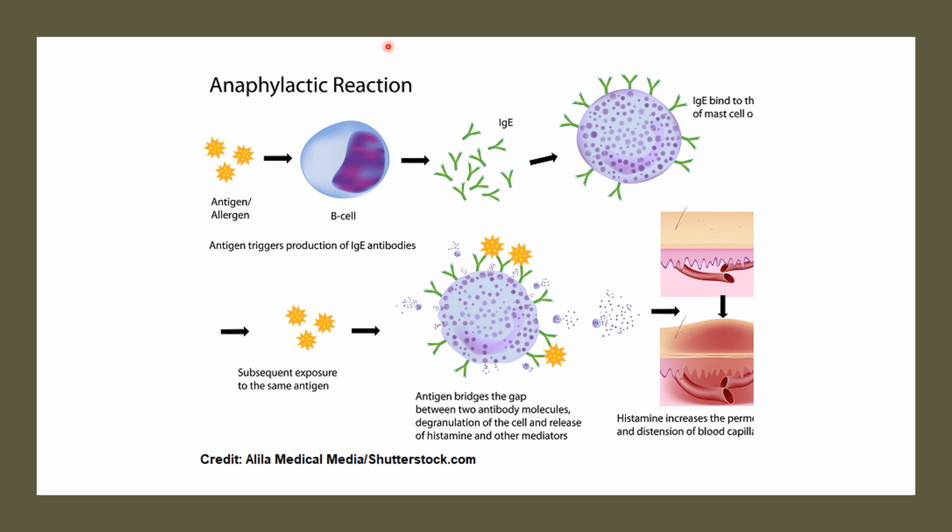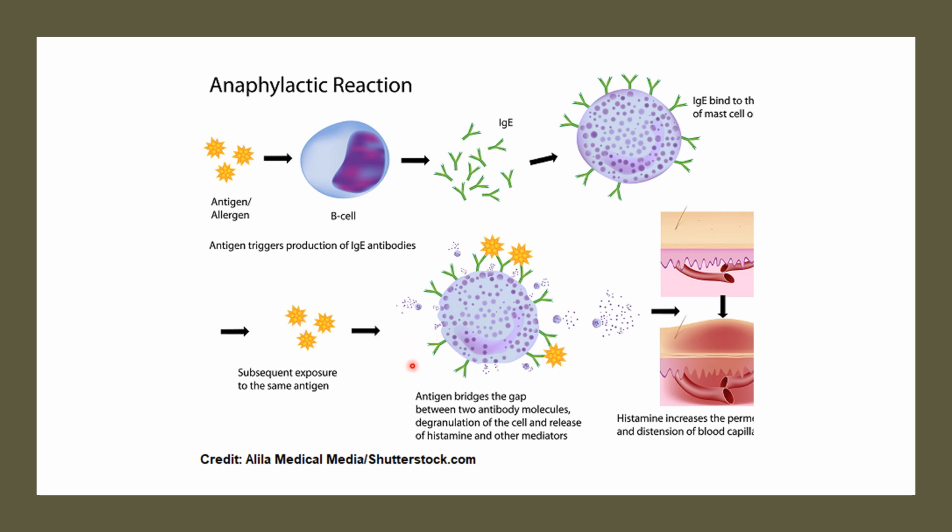Then, when the second exposure to the allergen occurs, it will cause the mast cells or basophils to release histamine and other substances. Here we have the subsequent exposure to the same antigen.